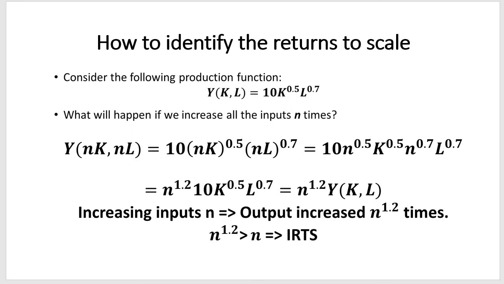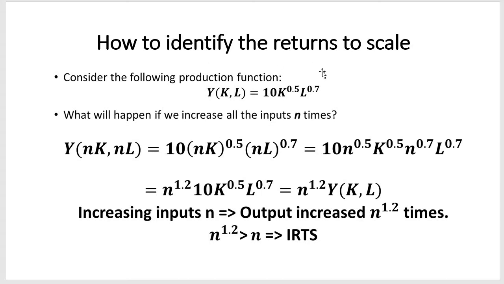So here you have some easy mathematical trick which you can use in order to identify the returns to scale. So what you have to do is to assume increase in inputs, like, multiply K and L by the same coefficient, and then just observe what will happen to the production function.